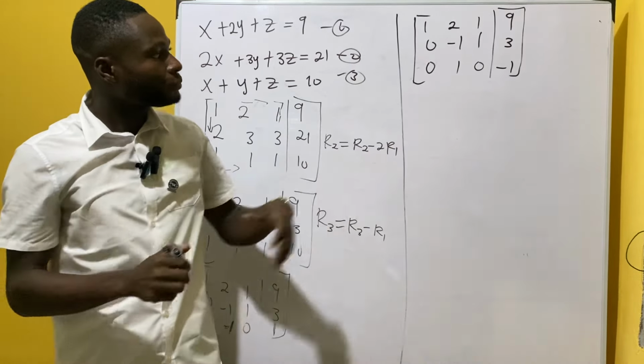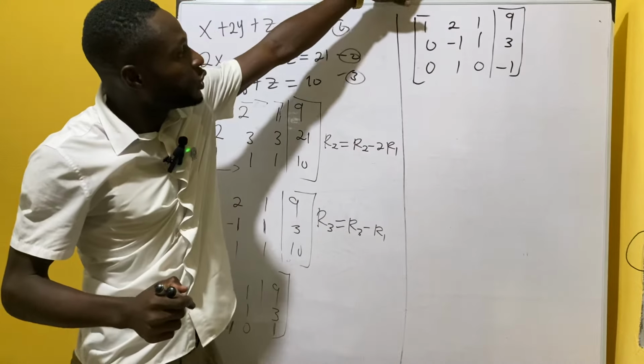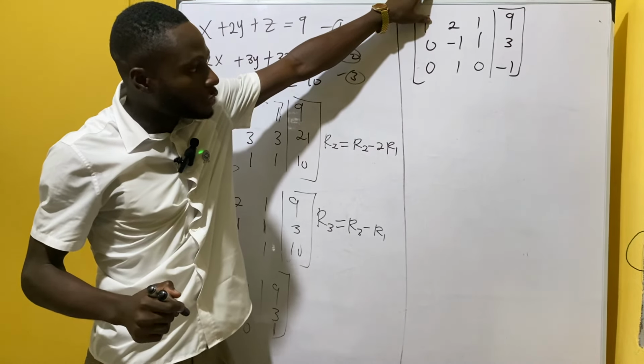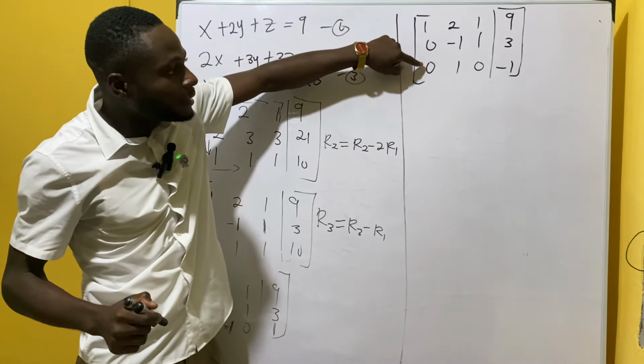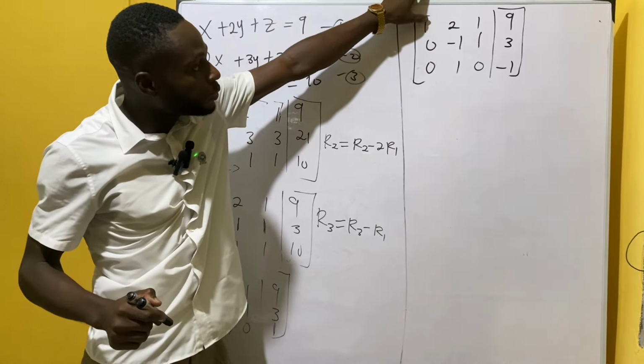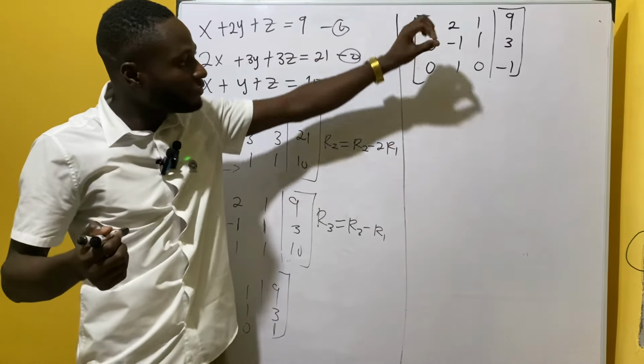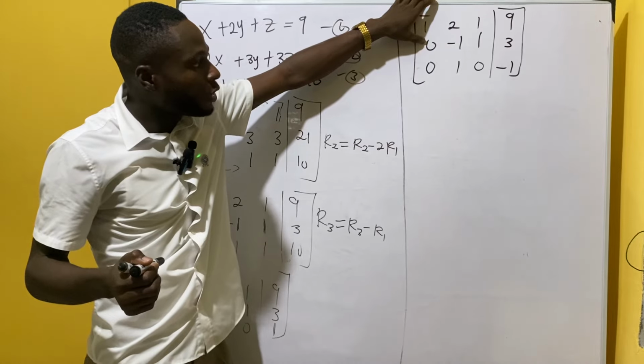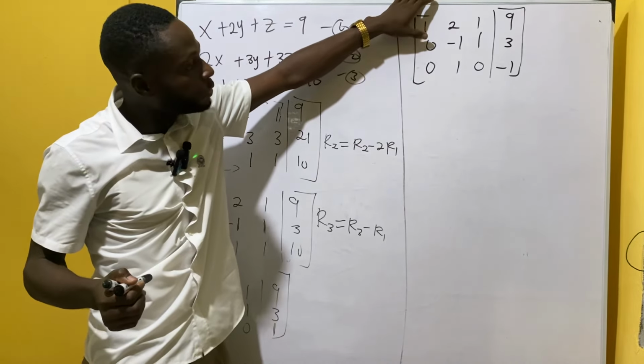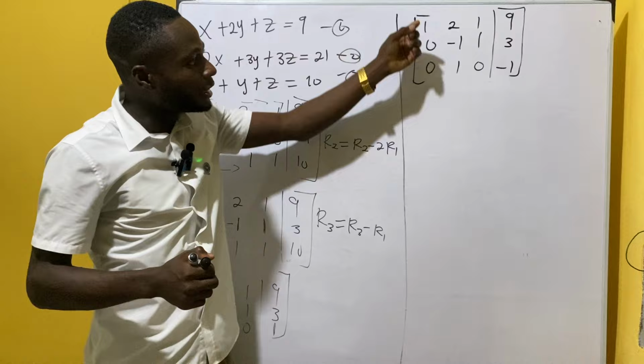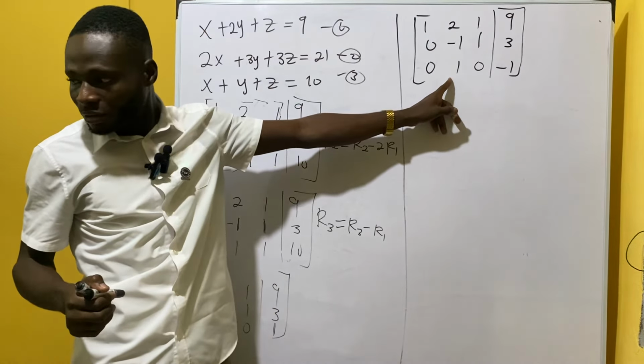So what do we do? We say that now we have stood on row 1 to eliminate this. So we don't need to stand on row 1 again. So we have to move down to row 2, right? We have to move down to row 2 and then use row 2 to eliminate row 3.